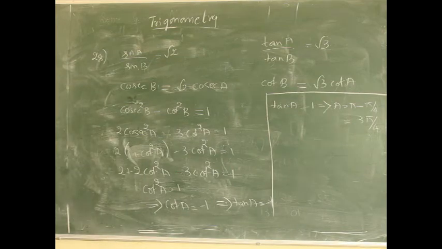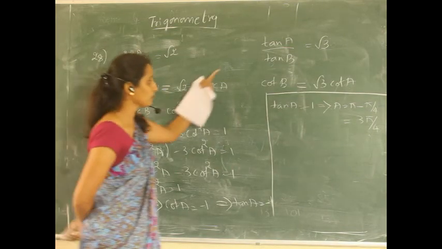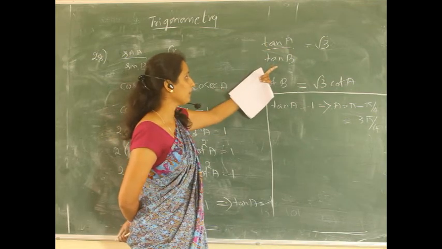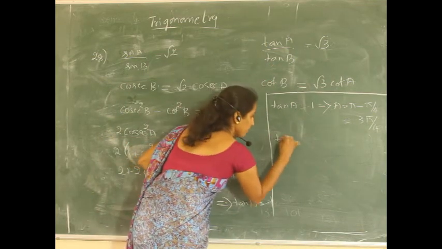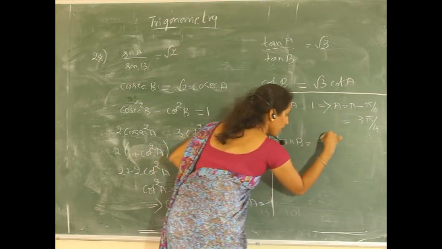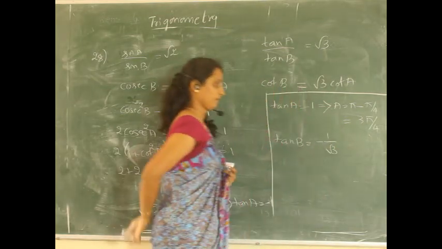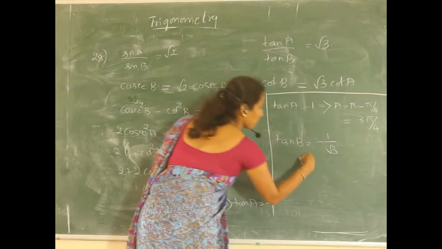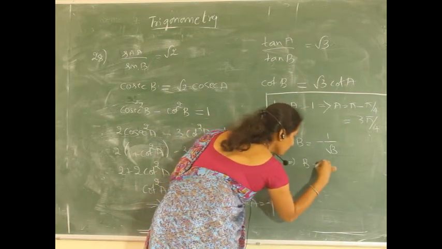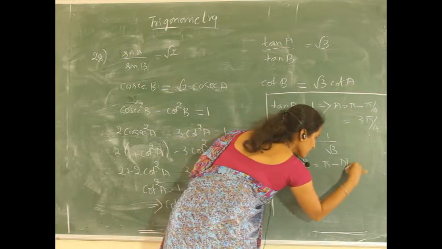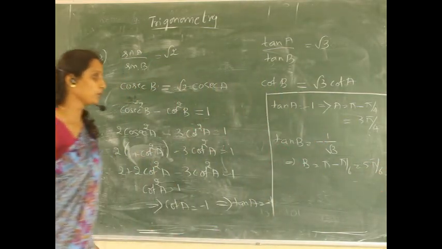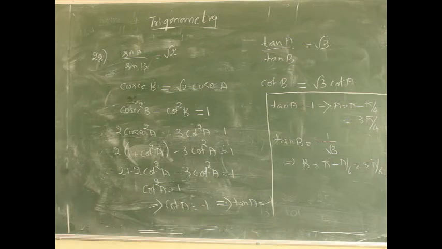Then tan B is minus 1 by root 3. Again in the second quadrant, this implies B is equal to pi minus pi by 6, that is 5 pi by 6.